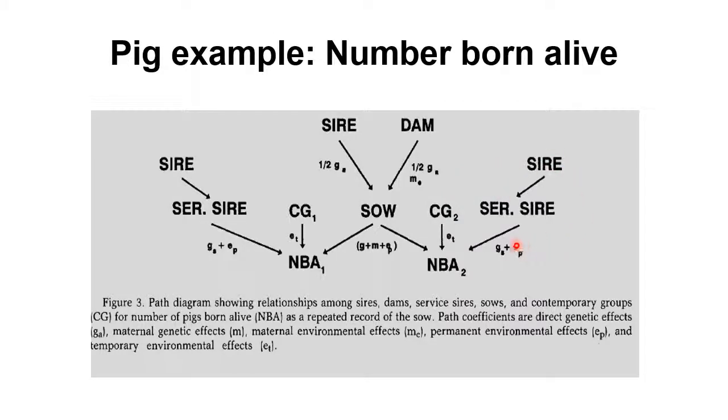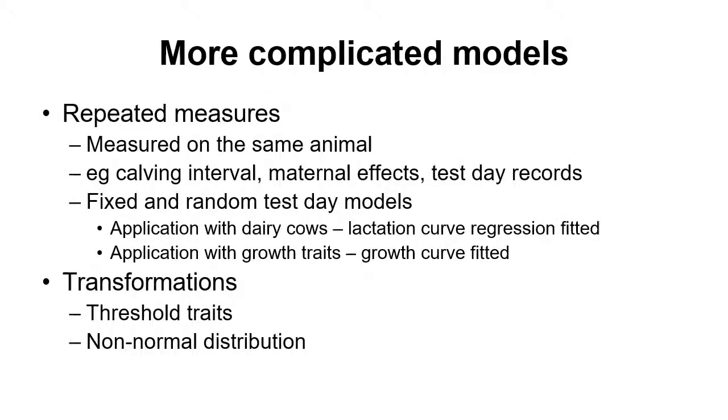So the service sire is also then included in your model. Remember, number of piglets born alive is a trait of the dam, of the sow, but the sire being used on the herd at mating will influence phenotype as well.